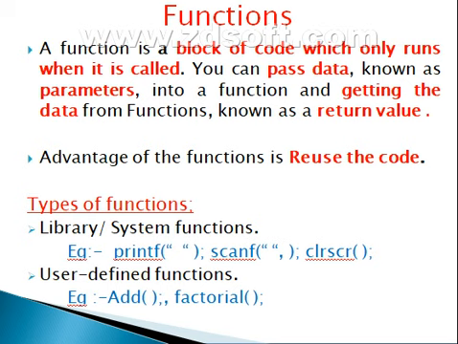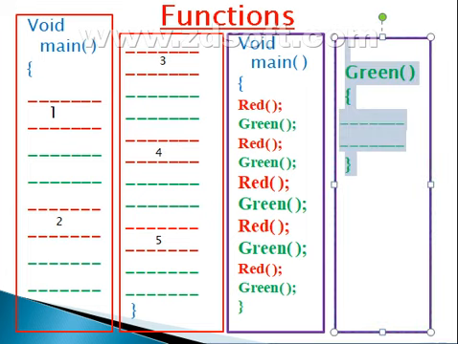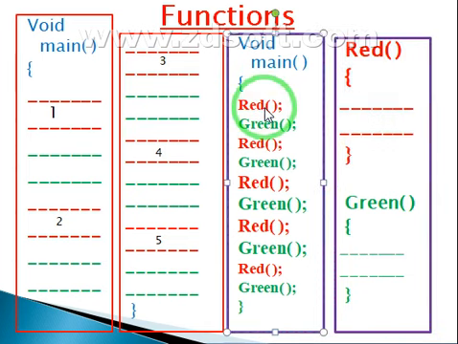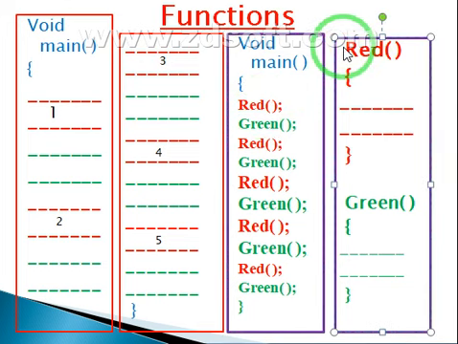Okay, but then user defined function. Example is add, factorial. Okay, so whatever the image or picture explained by me, this is called the user defined function. So here the function call is written by me, and similarly the function definition is also written by me as a user.